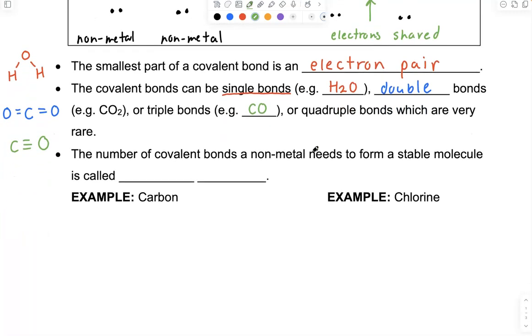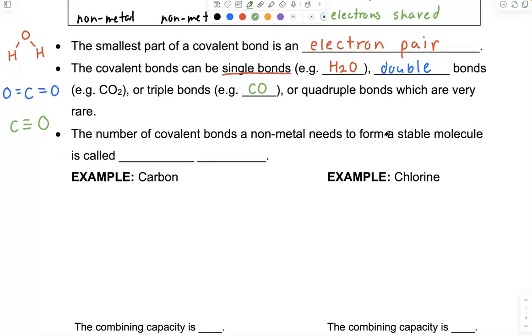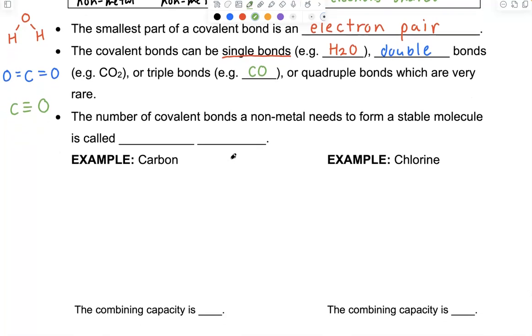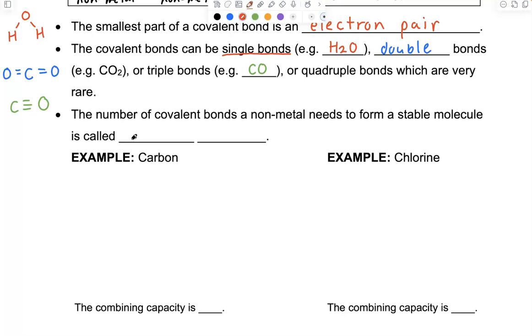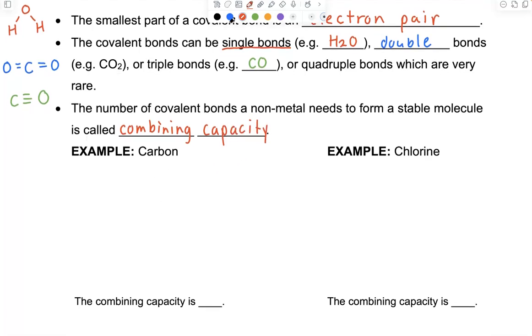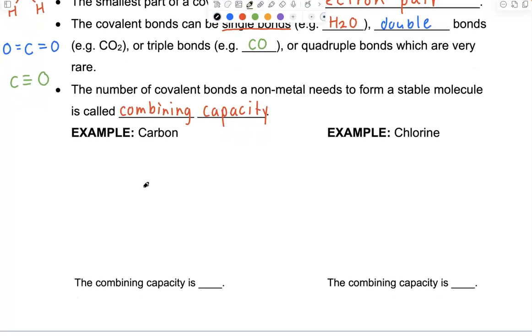So the number of covalent bonds a nonmetal needs to form a stable molecule is called a combining capacity. For example, if we take a look at carbon, looking at a periodic table, carbon is going to have 1, 2, 3, 4 valence electrons.